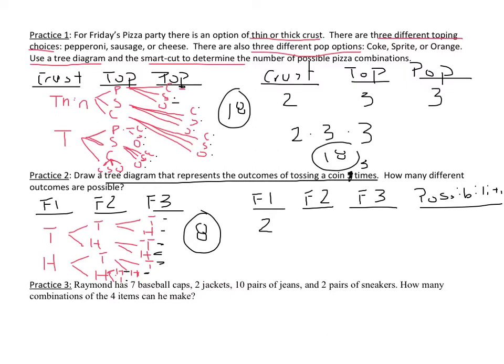On the second flip, I can get heads or tails, so that's 2 different outcomes. And on the third flip, I can get heads or tails, so that's 2 different outcomes. So I'm going to do 2 times 2 times 2, which is 8 possibilities. So either way, I get 8 possibilities.